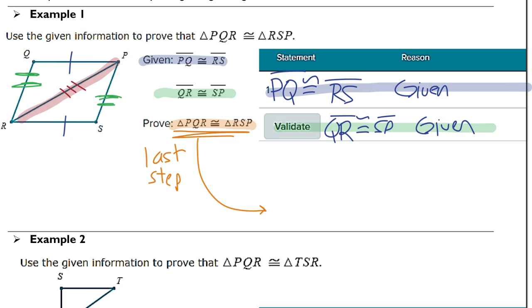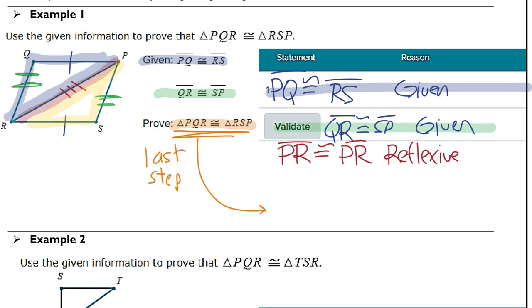So if we think about a picture, this triangle is going to be congruent to this one, and they share this middle red side in common, which is called the reflexive property. So we are just going to state that segment PR is itself segment PR. Those are the same thing, and that is called the reflexive property.